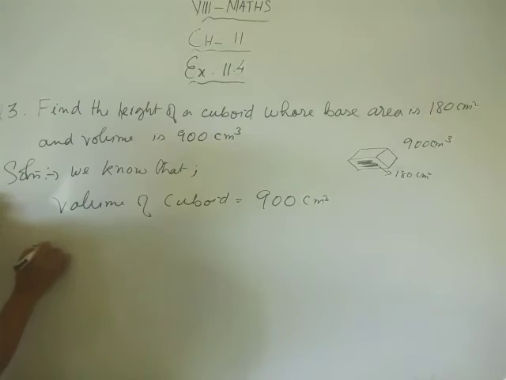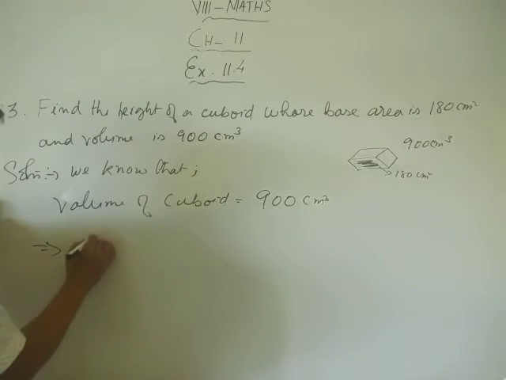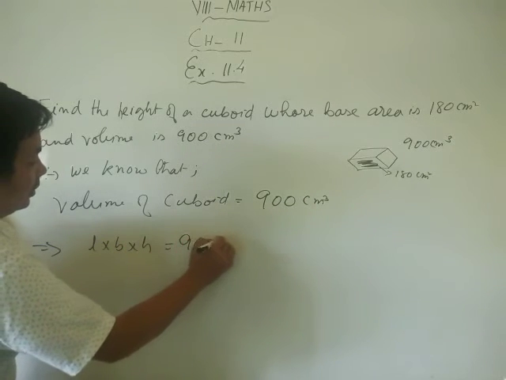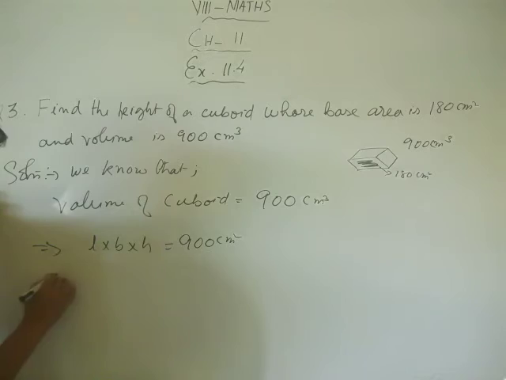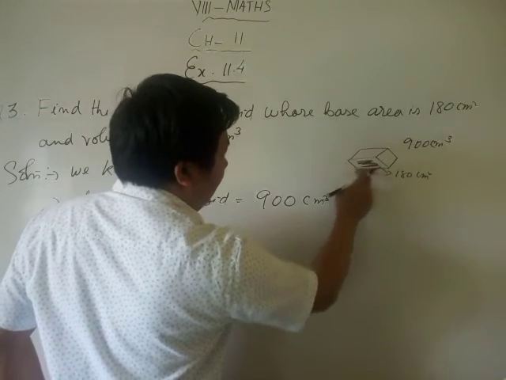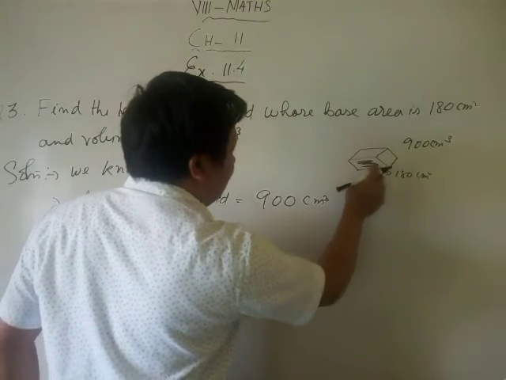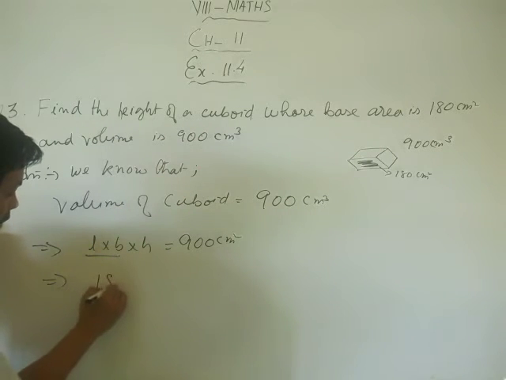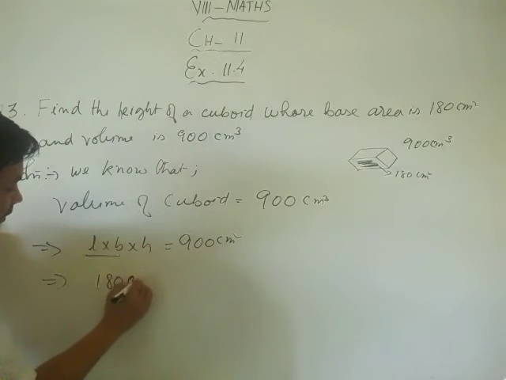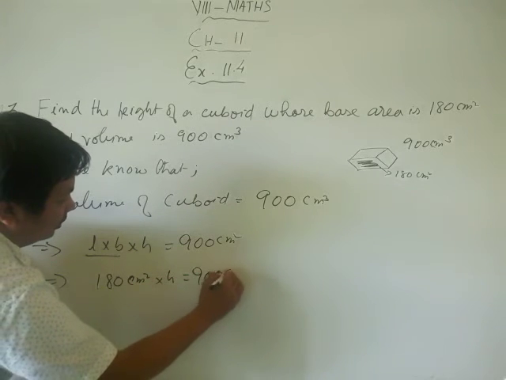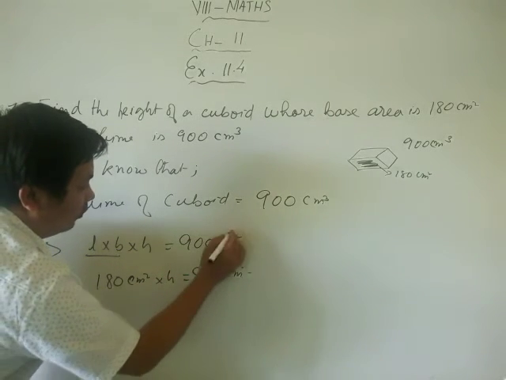The volume of cuboid is length into breadth into height, equal to 900 centimeter cube. My dear student, please observe carefully: this base area will be length into breadth. The base area is given, LB is equal to 180 centimeter square, into h, equal to 900 centimeter cube.